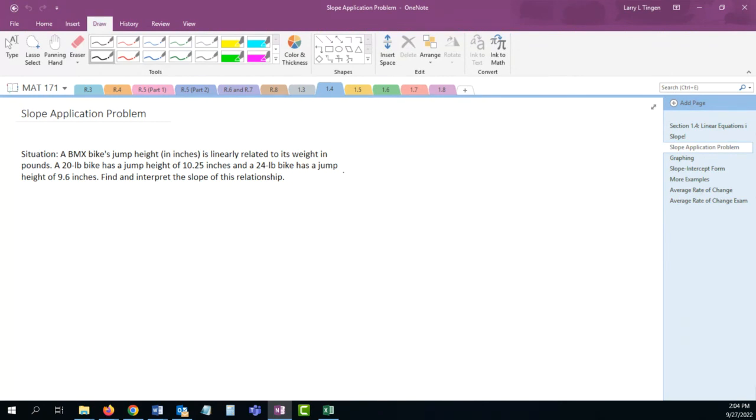So I have 2 data points, and they seem to give me some information.